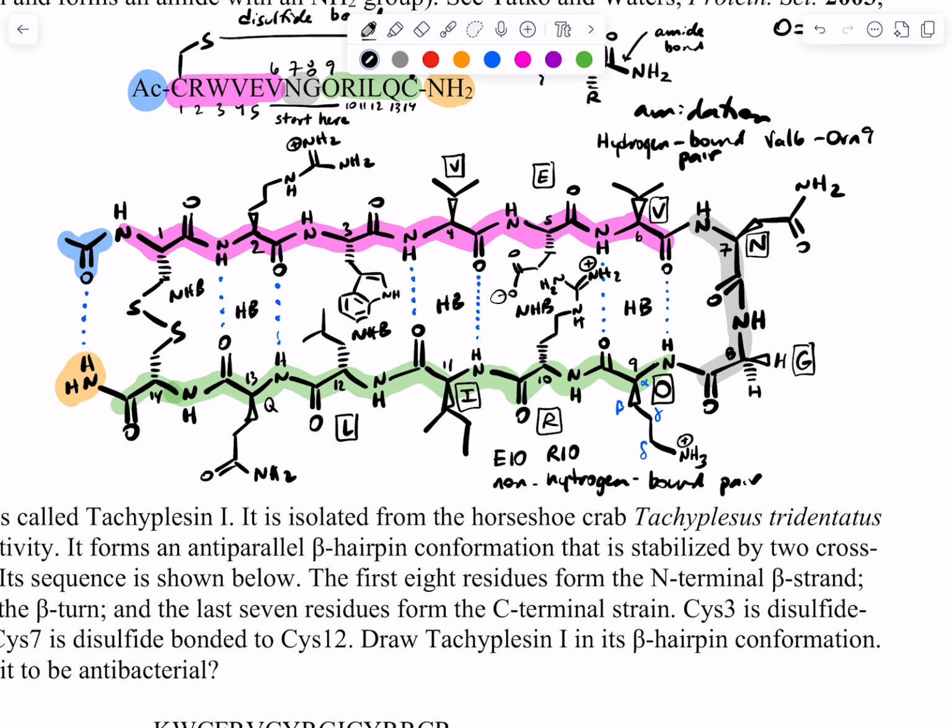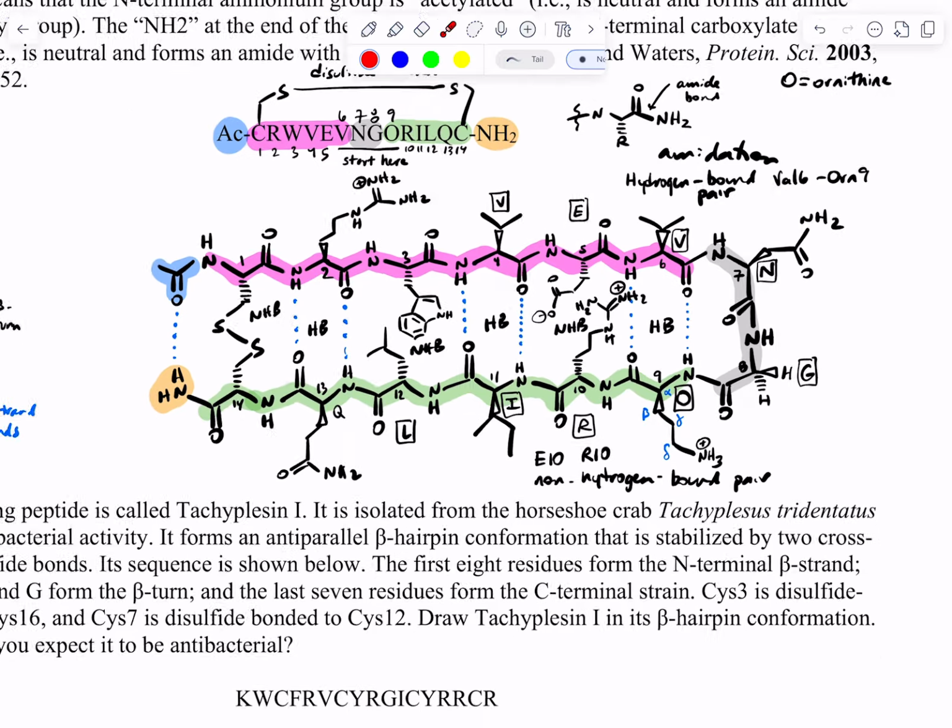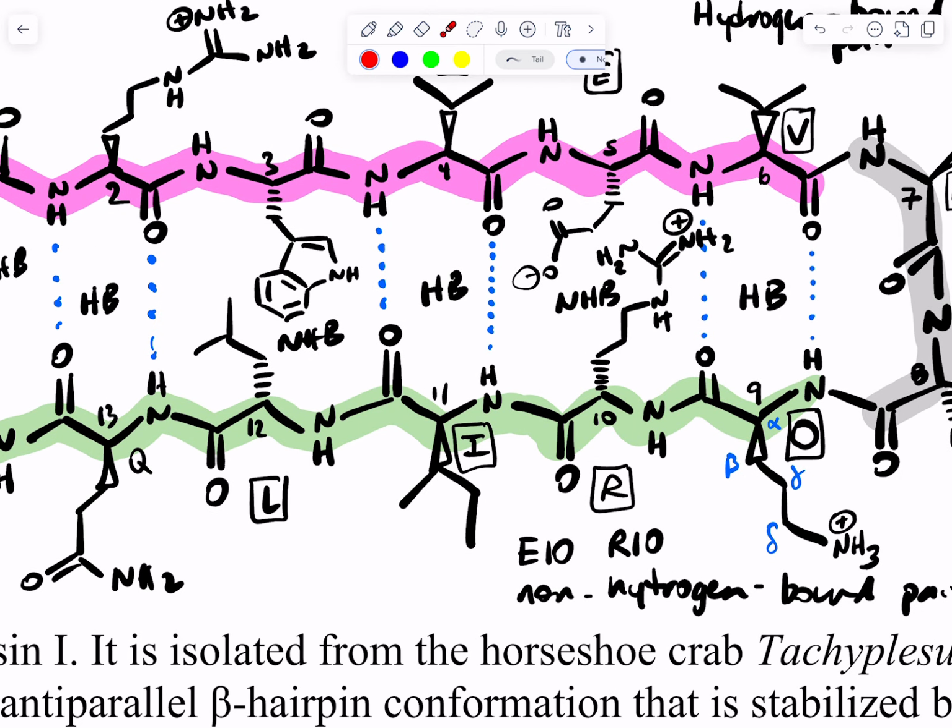One other interesting thing about this sequence is we've drawn it out as though it's perfectly flat. If you were to see a three-dimensional structure, it would be twisted. It would be this ladder-like structure, but then the end on this side, the turn, and then the disulfide bond are going to be twisted out of plane with each other. And what that means is some of the side chains at adjacent non-hydrogen bound positions are actually close to each other.